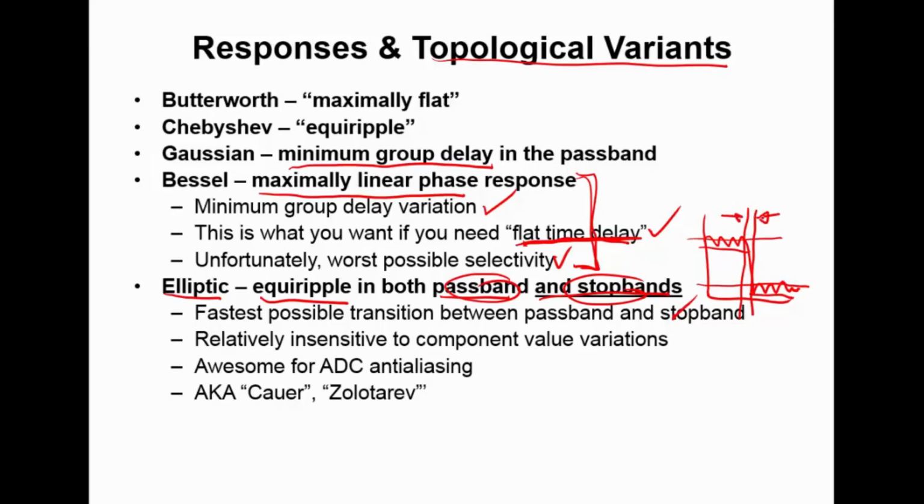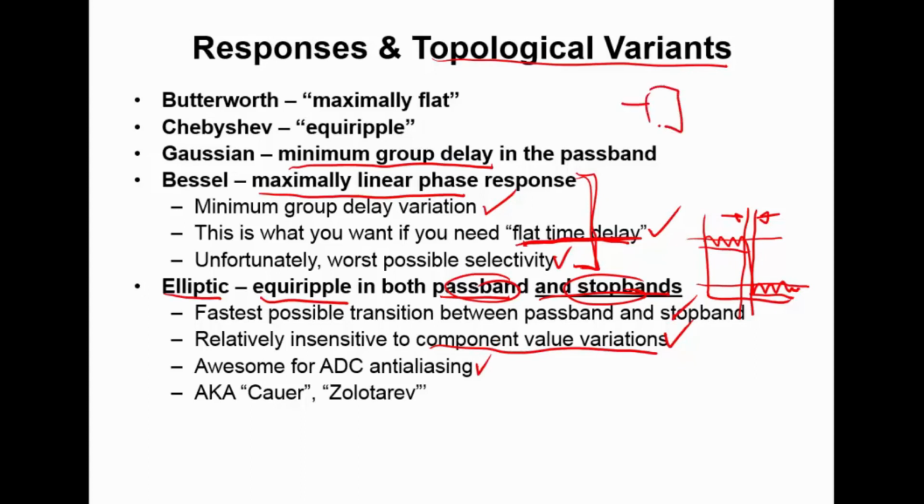Relatively insensitive to component value variations, which is another reason why this particular response shows up. If you're concerned about component values not being accurate enough, an Equiripple response will tend to mitigate some of that concern. This response tends to be awesome for the anti-aliasing filter that goes in front of analog to digital converters.